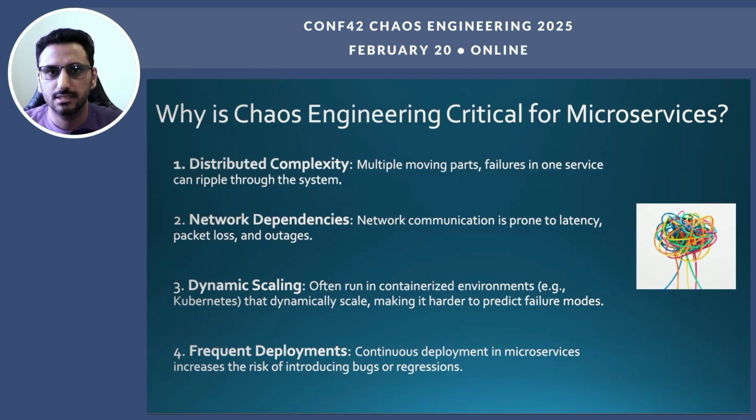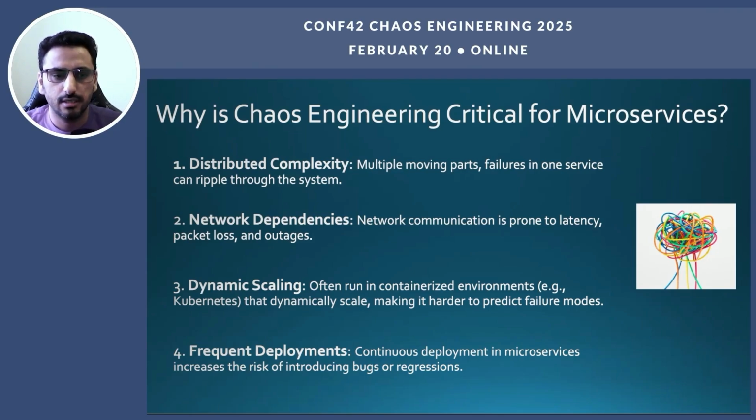Microservices often run in containerized environments like Kubernetes that dynamically scale, and that makes it harder to predict failure modes. One example is: did this service scale properly when there was a lot of load on the system?